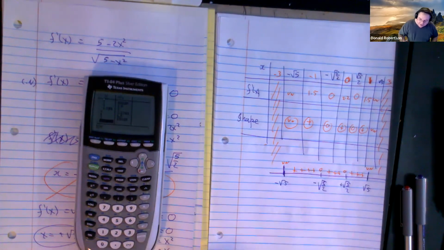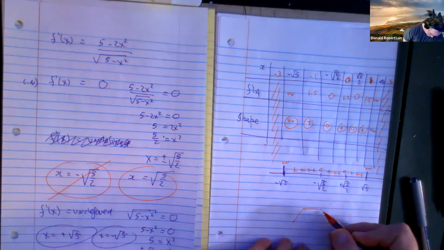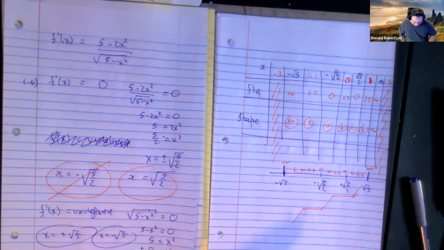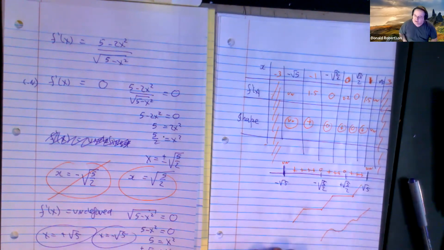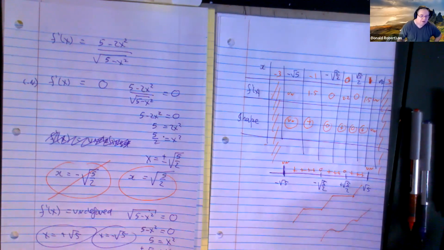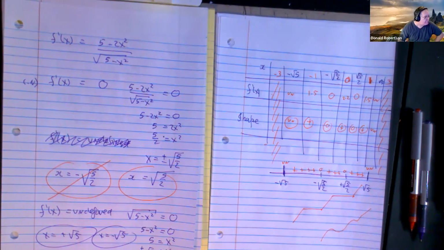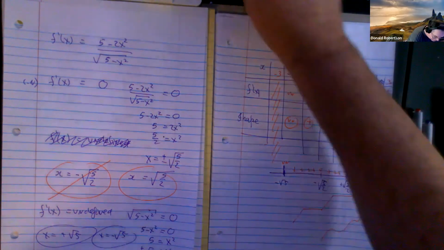I'm going to check this in Desmos because it's going to go positive, 0, positive, 0, and positive. It looks like it's going to snake upwards, doesn't it? That is weird. Let's find out what Desmos tells me, because it's very hard for me to imagine a shape that would do those things.